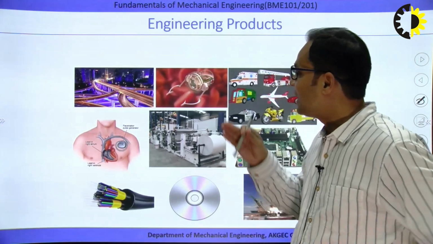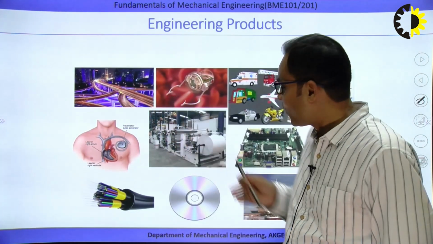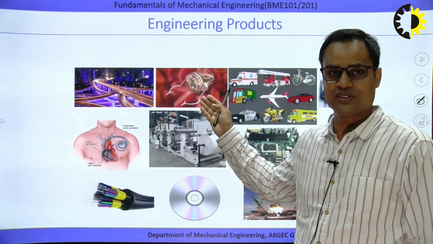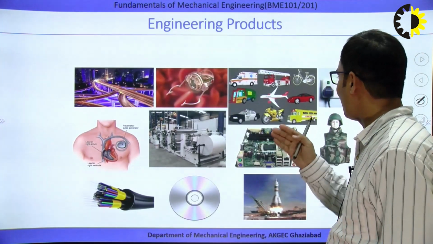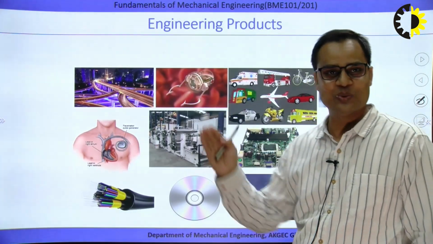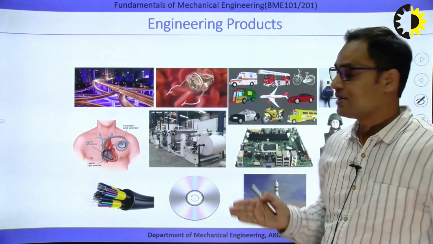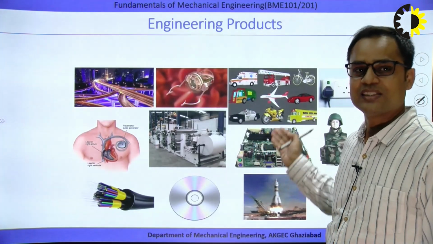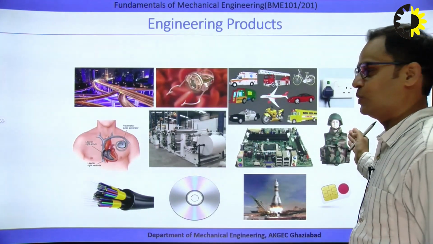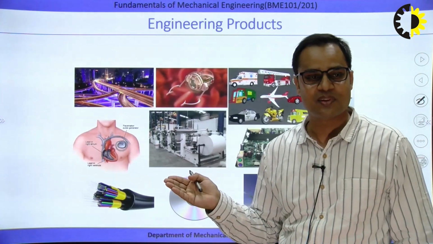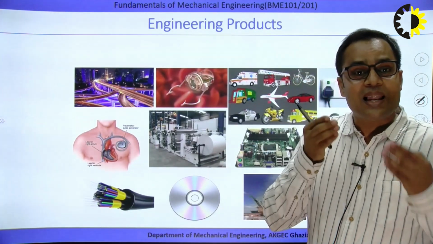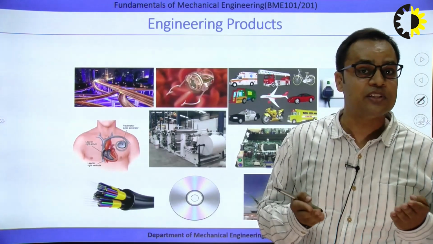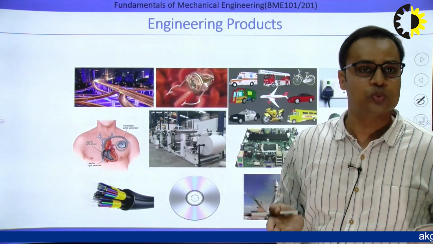The material used for bridges is not the same as the material used for nano robots, and the material used for nano robots is not the same as the material used for switches. Same way, the material used for the motherboard of a computer is not the same as the material used to make a bulletproof jacket. Materials have different purposes and different environments in which they have to be used.